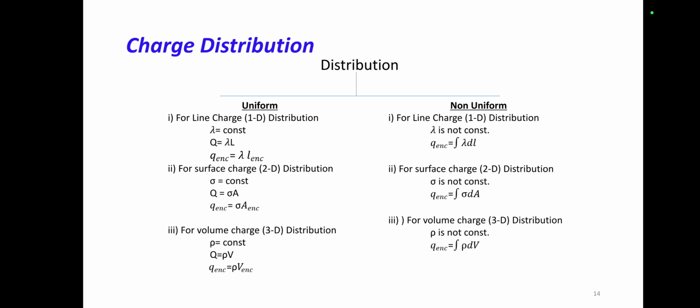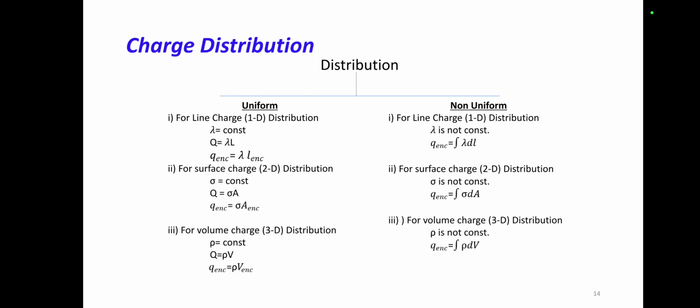For surface charge distribution, that means 2D, sigma is constant, q is equal to sigma into A, q enclosed is equal to sigma into A enclosed. For volume charge distribution, that means 3D, rho is constant, q is equal to rho into V, q enclosed is equal to rho into volume enclosed.